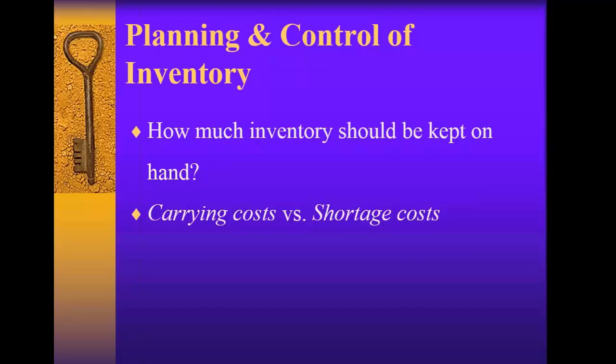So this is the dilemma. The dilemma is that it costs money to keep inventory. We don't want to have too much inventory for all the reasons that we've talked about, but we don't want to have too little inventory because of the things that we've talked about.